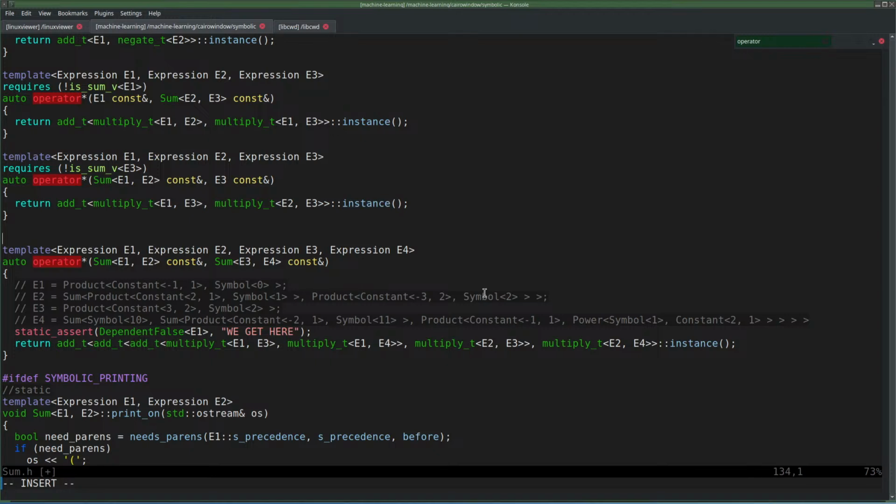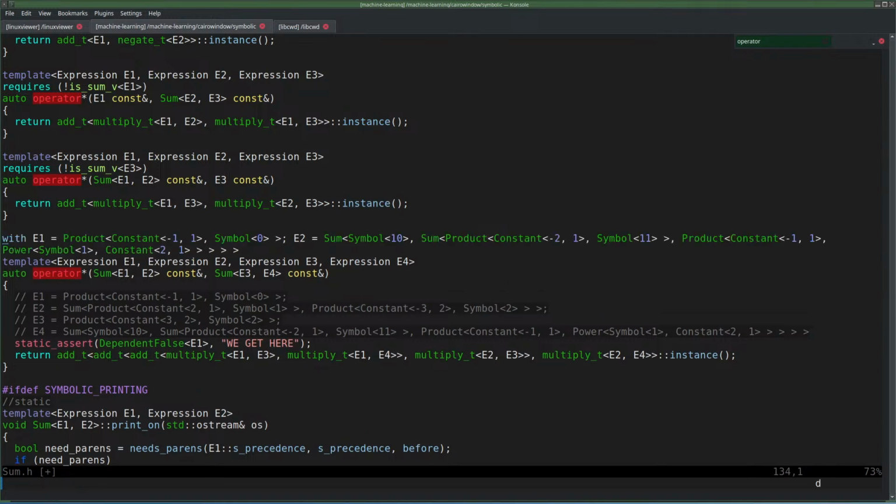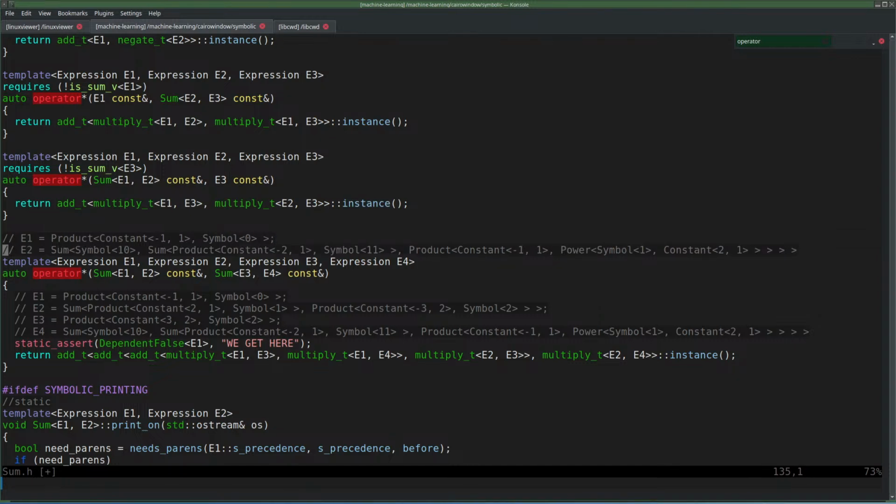So this is calling a multiply with E1 is that and E2 is that. So clearly that is E1, this E1 times the rest.